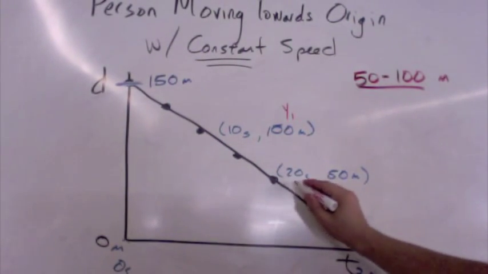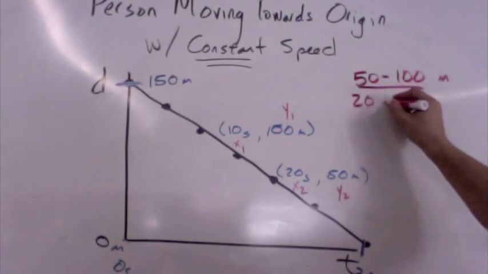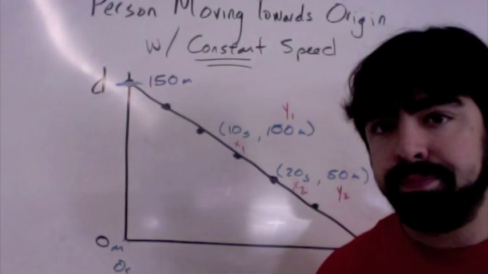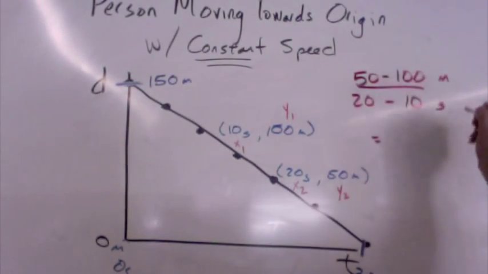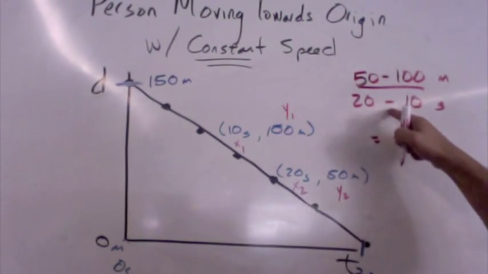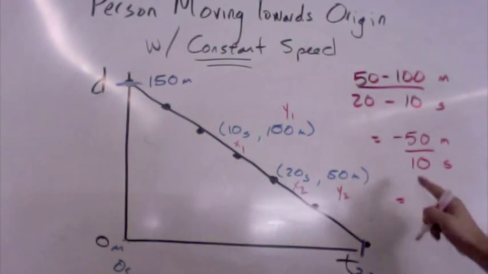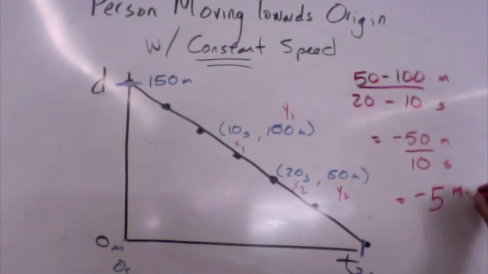So this is our x2. This is our x1. 20 minus 10 seconds. You noticing something different? So 50 minus 100 is negative 50 meters. 20 minus 10 is 10 seconds. And this gives us negative 5 meters per second.